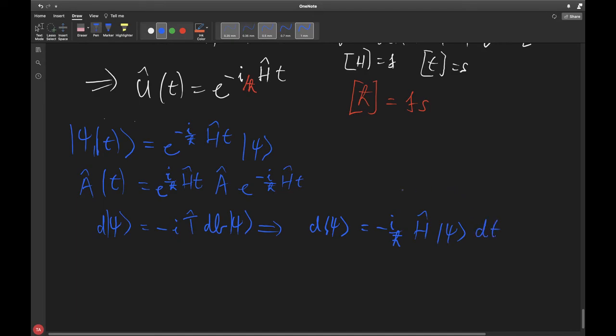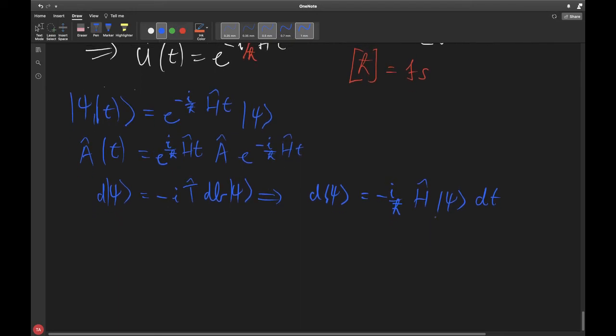So as physicists, we really like to just divide with these infinitesimal parameters, and from this we get a derivative then. So the derivative d by dt of the psi is the same as minus i over h bar of the Hamiltonian acting on the psi state.